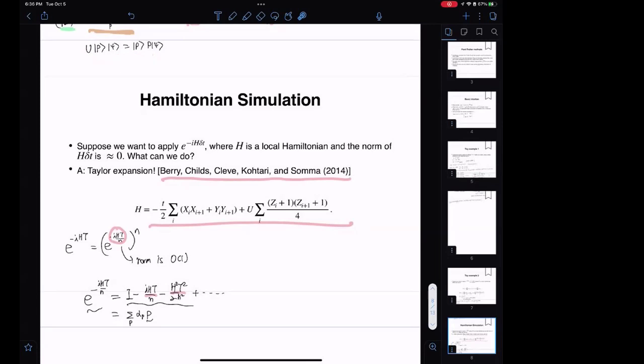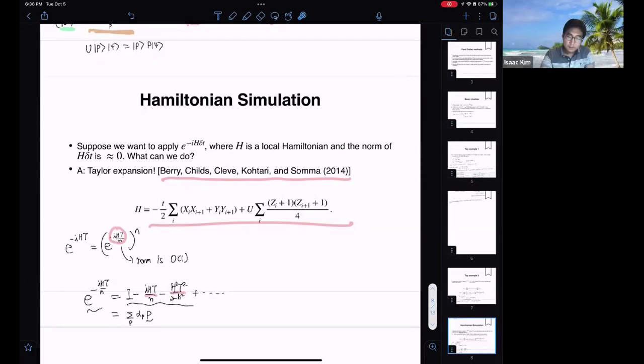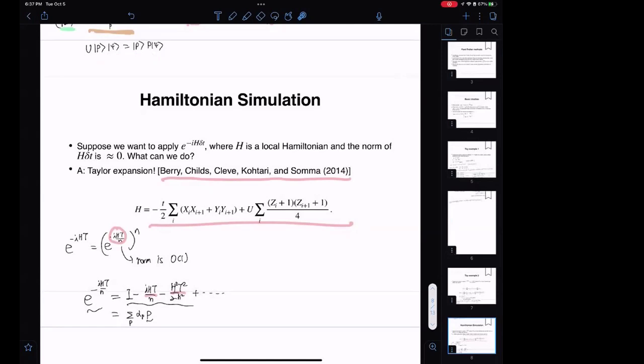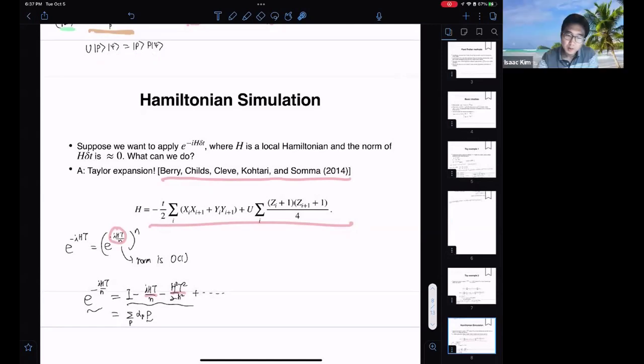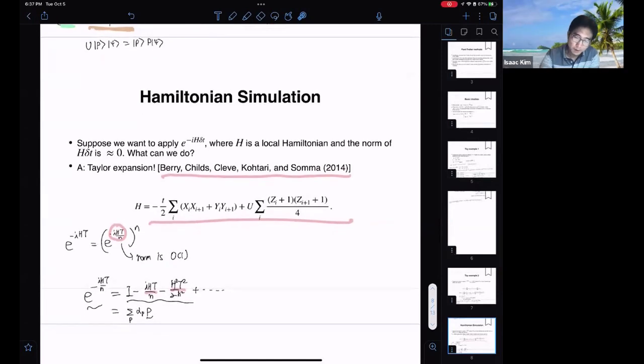Okay, now I understand the procedure, but how does that help us simulate the Hamiltonian? Right, I haven't told you in detail how this works yet. I will talk about that, but already you can see how this works.